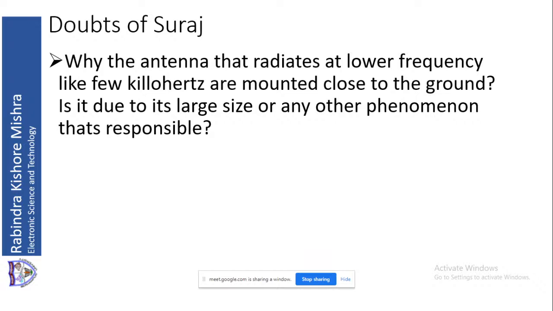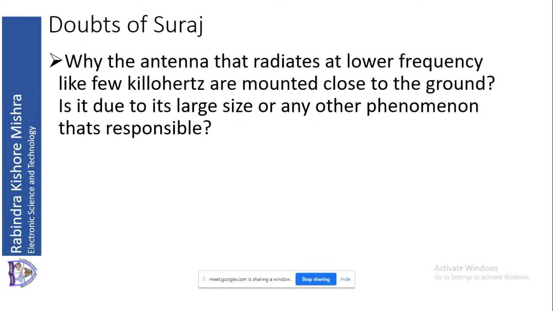Besides that, when you put the antenna above the earth or the ground, as we discussed during our deliberations on theorems, we discussed image theory. You have a ground, above that you have a source, and below that there will be a reflection of the source.